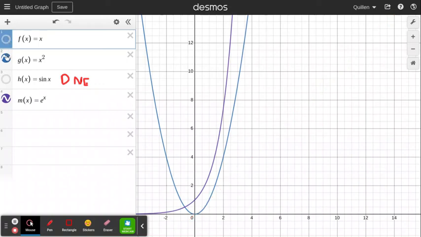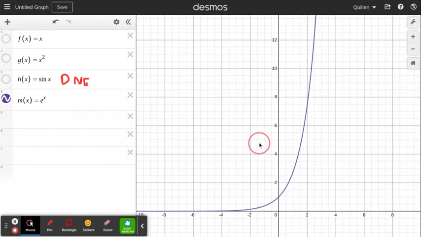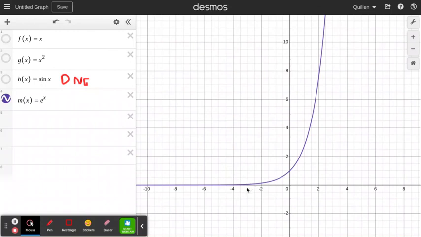But for e to the x, as we approach negative infinity, we do approach a value. We can see that we're approaching a value right here, but that value is a real number. It's 0. That means that the limit, and I'm going to write this down because sometimes this is a little bit difficult for people to comprehend, and seeing it in notation can help.